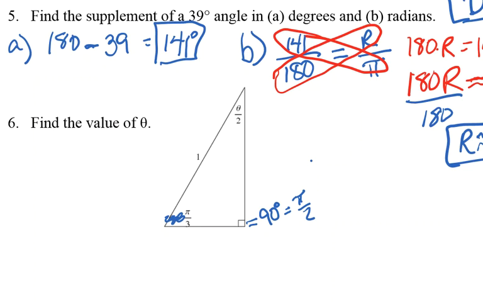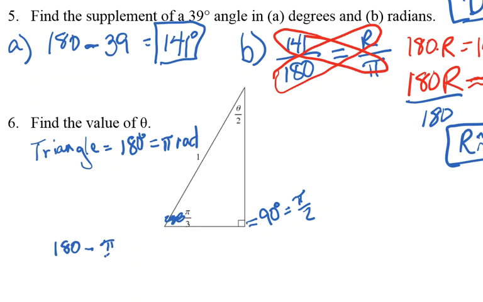So I know that a full triangle is 180 degrees or pi radians. Well, I know that this angle is pi over 3, this angle is pi over 2, so let's find this angle. So I'm going to do 180 minus pi over 3 minus pi over 2 and see what's left.